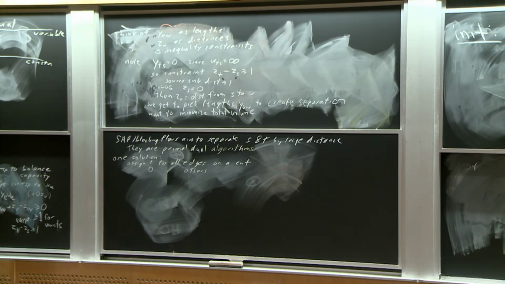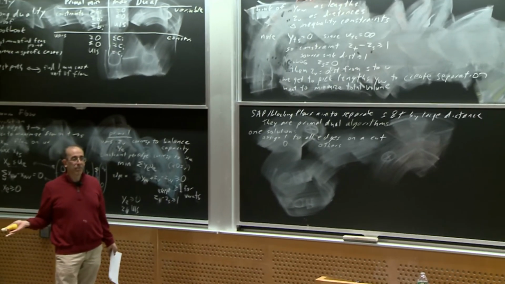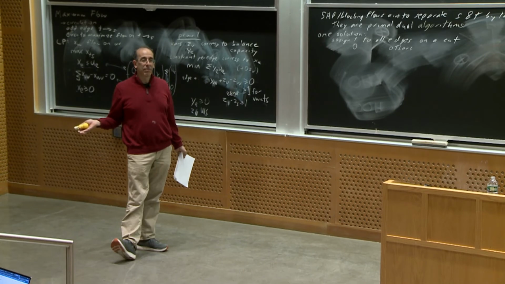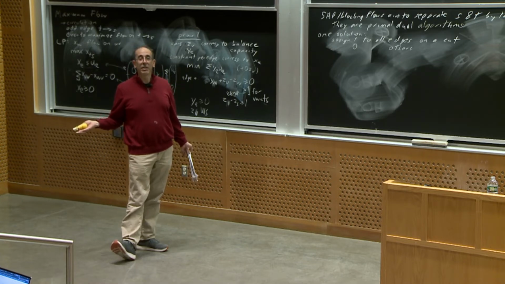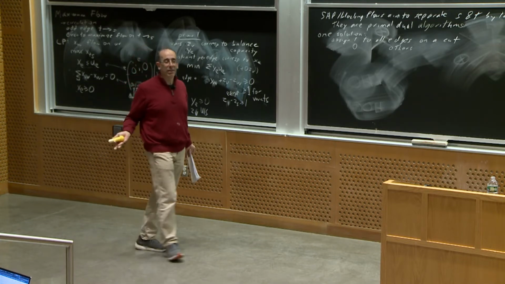What's the best cut to use given my objective function? What's the value of my solution going to be for a given cut? Yeah? It's going to be the capacity of the cut, right?